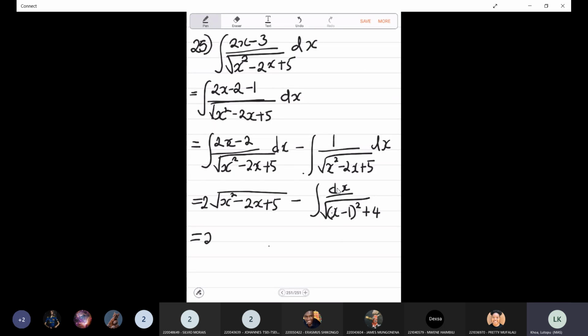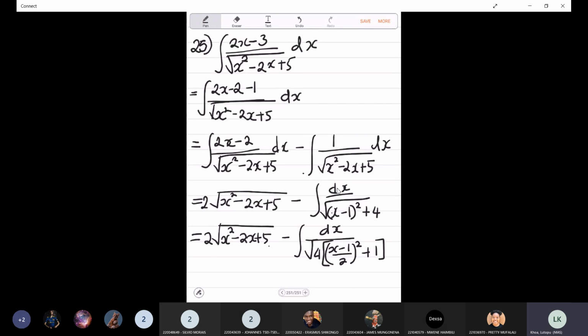So this is 2 square root of x squared minus 2x plus 5, then minus the integral of dx over the square root of 4 times, in the bracket, x minus 1 over 2, the whole thing squared, plus 1.